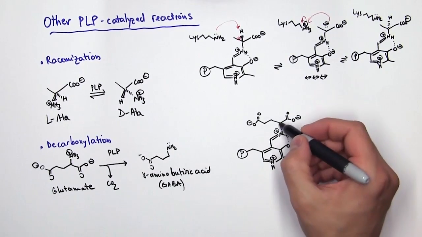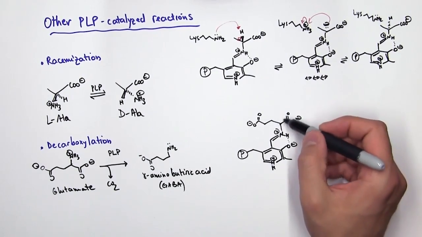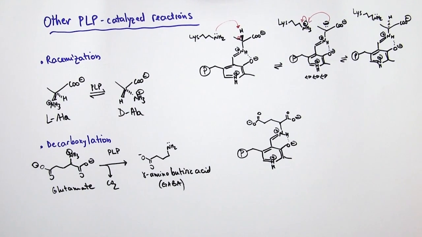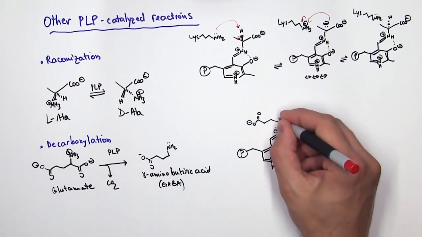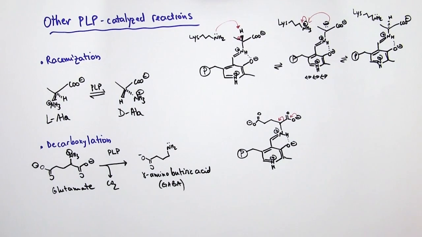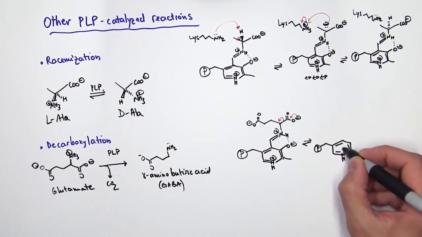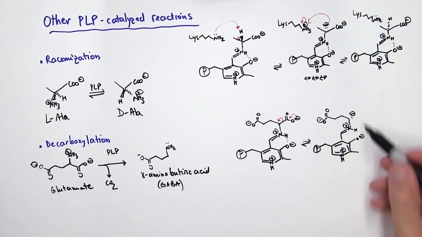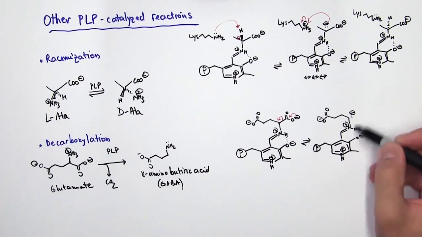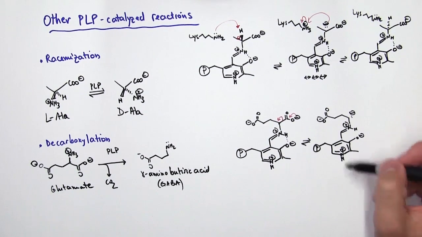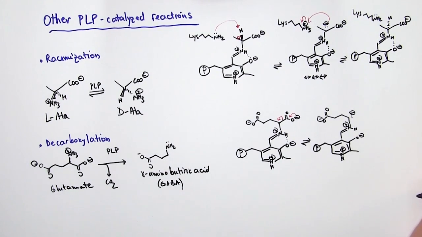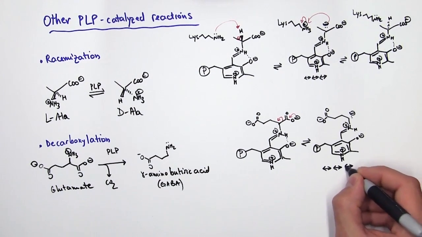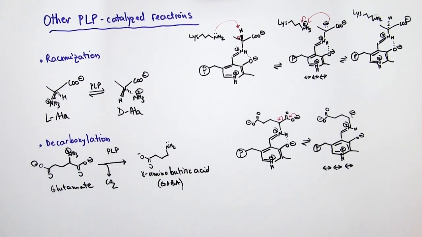Now, instead of deprotonating at the alpha position, the CO2 is activated to leave because it will leave behind a carbanion, such as that. And as we've seen before, a carbanion formed at this position can delocalize throughout the entire pyridoxal ring, and therefore it's stabilized and it can exist long enough. And we're not going to draw it, but you can imagine there are a number of different resonance structures.